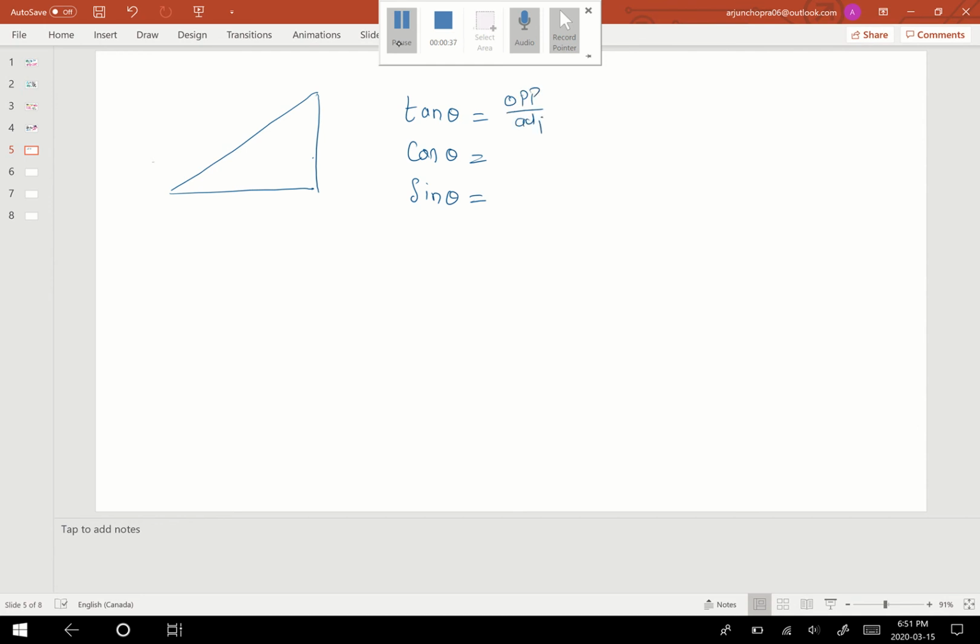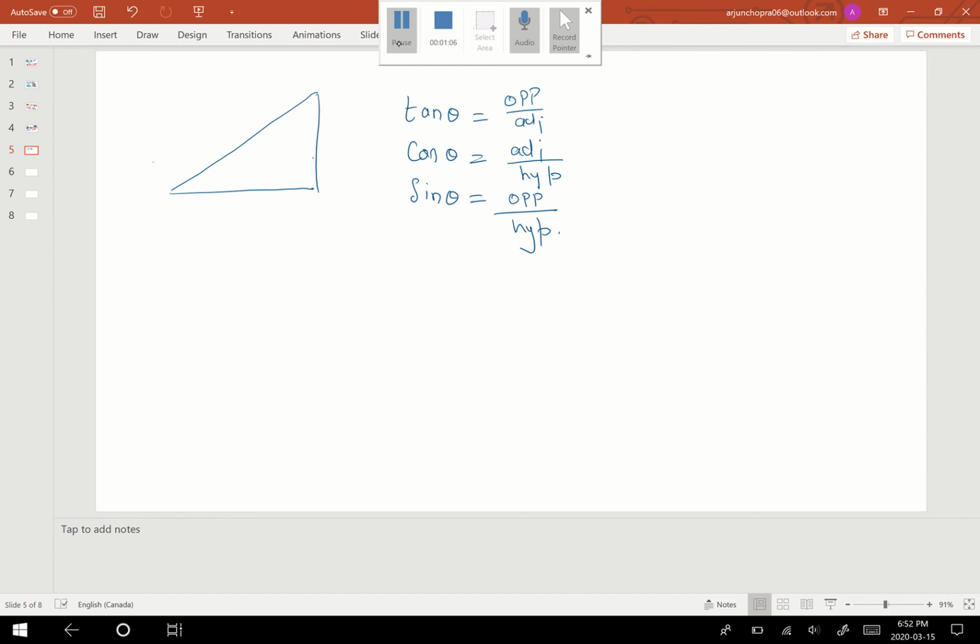Cosine theta is equal to adjacent upon hypotenuse, and sine theta is equal to opposite upon hypotenuse. You might have studied Sohcahtoa in your previous classes, so it's the same concept.